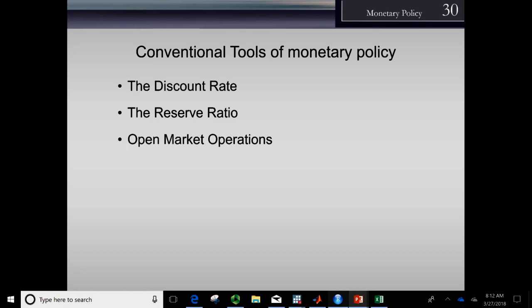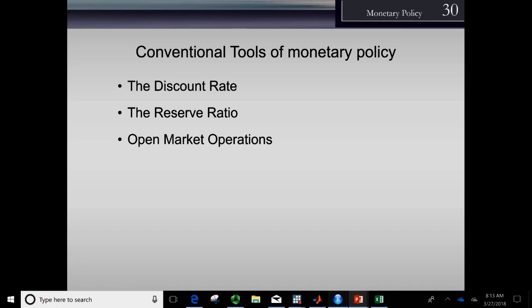The last one we're going to talk about is open market operations. This is really the most effective and the most important of the three conventional tools for monetary policy. With open market operations, the Fed stands ready to buy and sell treasury bonds in order to either destroy or create reserves in the banking system, and then those reserves are lent out, spent, redeposited, and through the money multiplier process that we've already talked about, money is created.